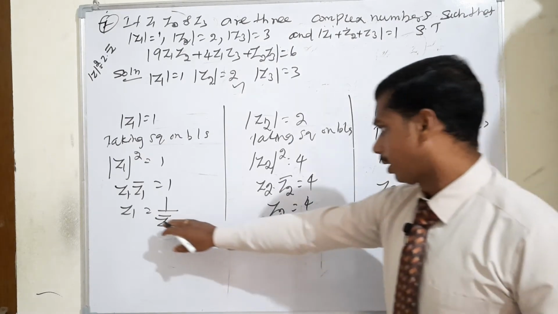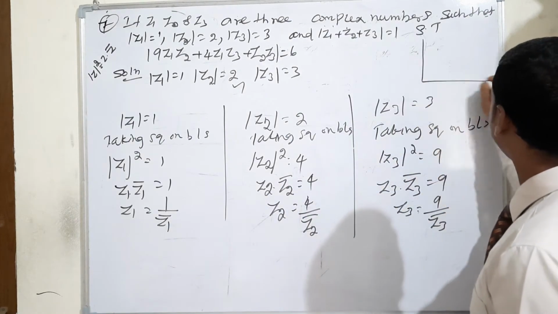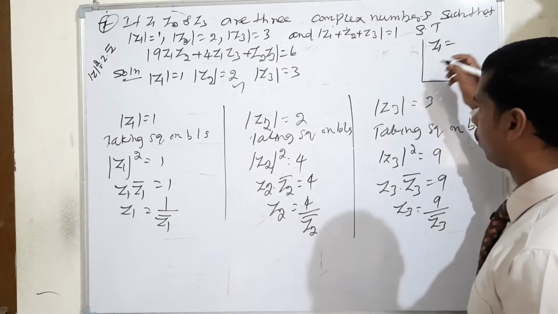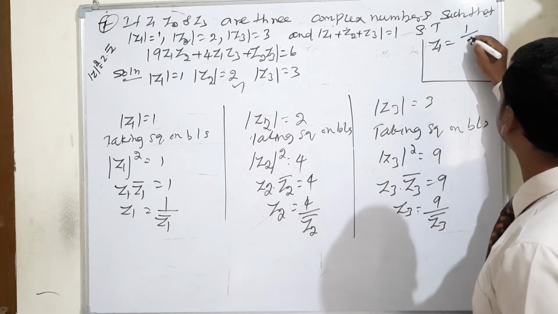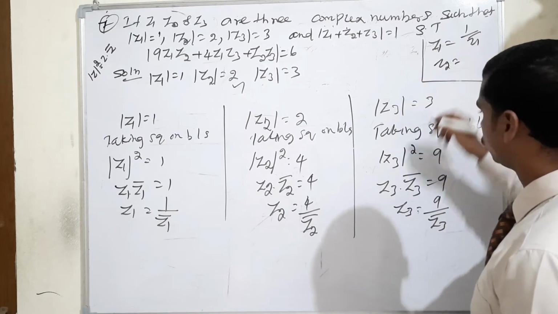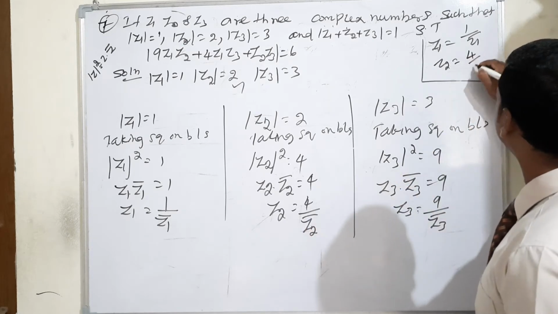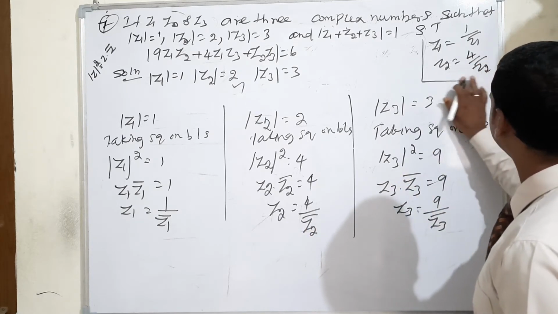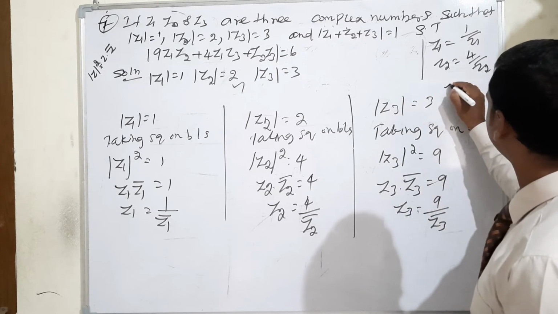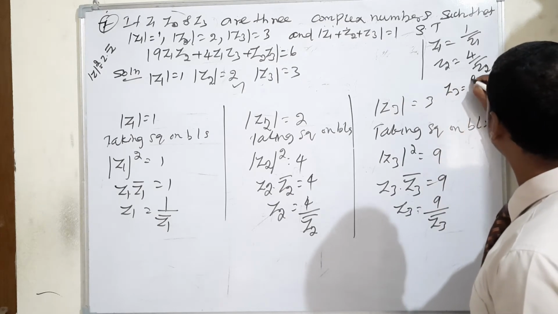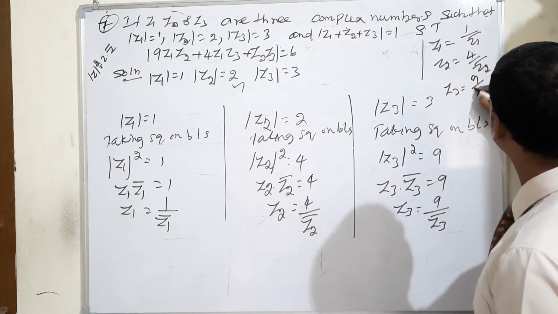We need the last condition. I will write separately. Z1 is 1 by Z1 bar, Z2 is 4 by Z2 bar, and Z3 is 9 by Z3 bar.